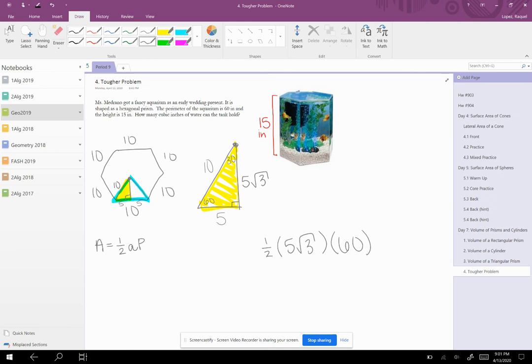So I'm just going to go ahead and multiply all of the numbers on the outside of the radical, and I get, whoops, don't want to write in highlighter, 150 root 3. So 150 root 3 inches squared is the area of the hexagon.